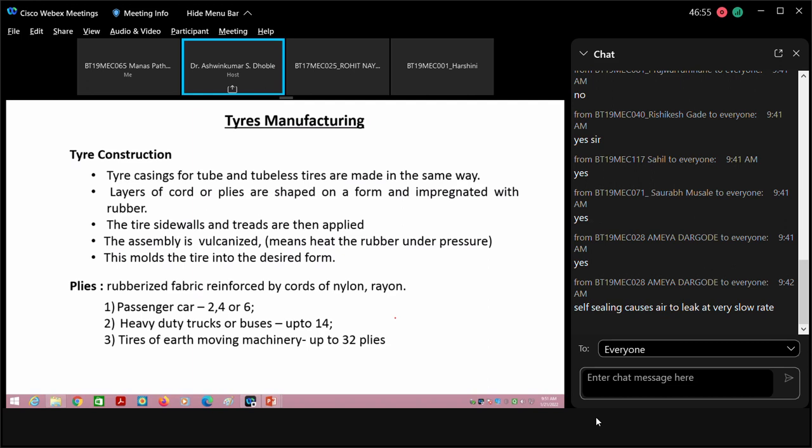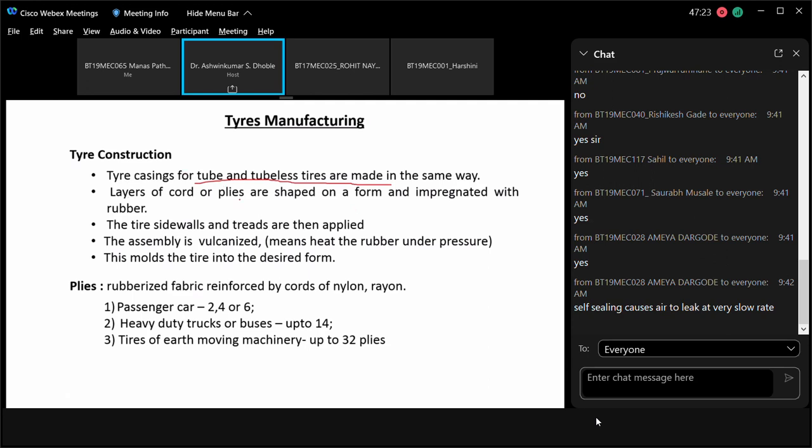Okay, so this is a form. I will show you the complete video as to how the tires are manufactured. I've got the video, but in brief it is going to give you the description of how the tires are manufactured. I have included this portion because we want to know the difference between tube and tubeless tires. So there is no difference as far as manufacturing is concerned.